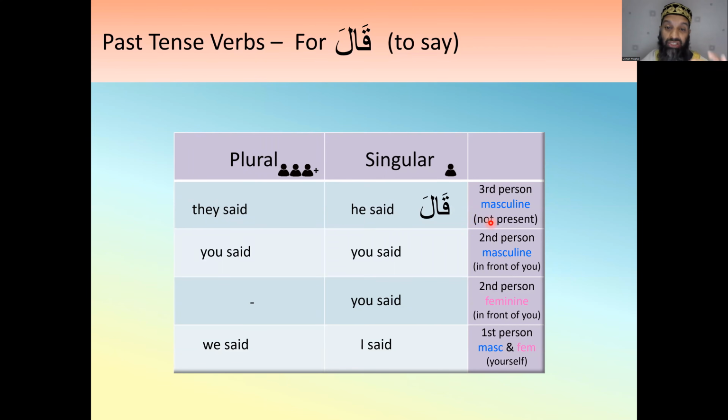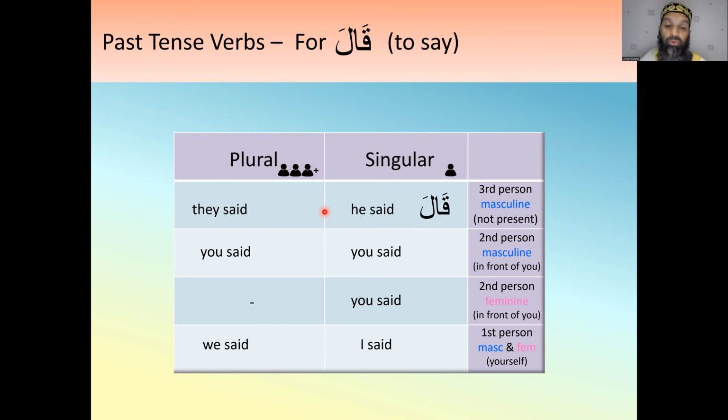So qala is actually the way to say he said, right? So kataba would normally be there, kataba. And this will become katabu, right? So what does qala become? Qala, you normally have to put a waw and an alif on, right? But let's see if it fits in the regular table, in the normal table.